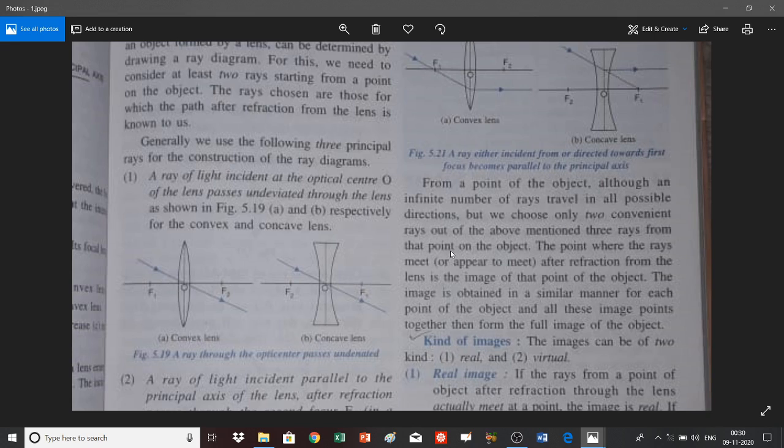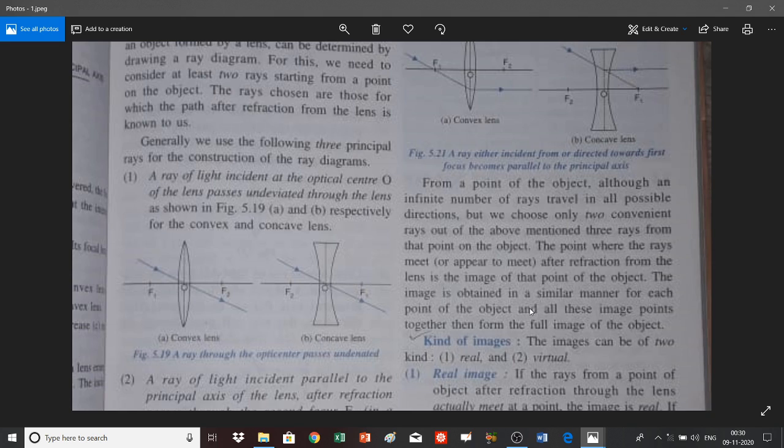The point where the rays meet or appear to meet after refraction from the lens is the image of the point of the object. The image is obtained in a similar manner for each point of the object, and all these image points together form the full image of the object.